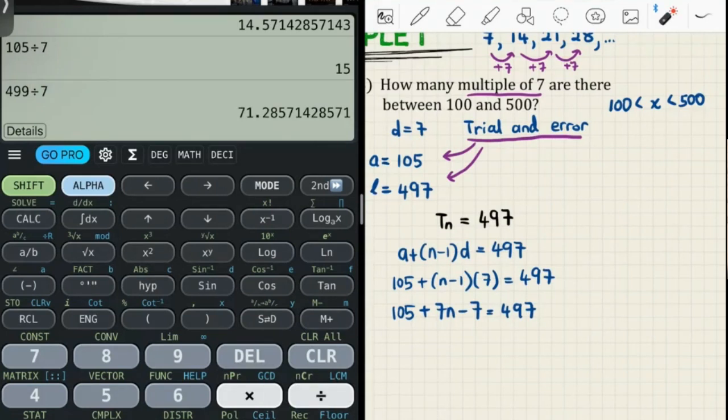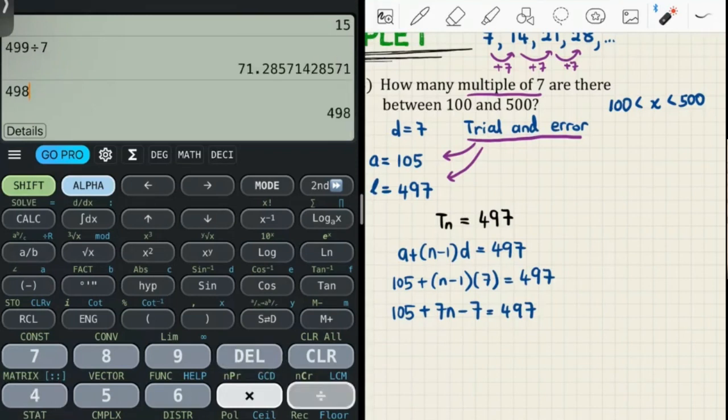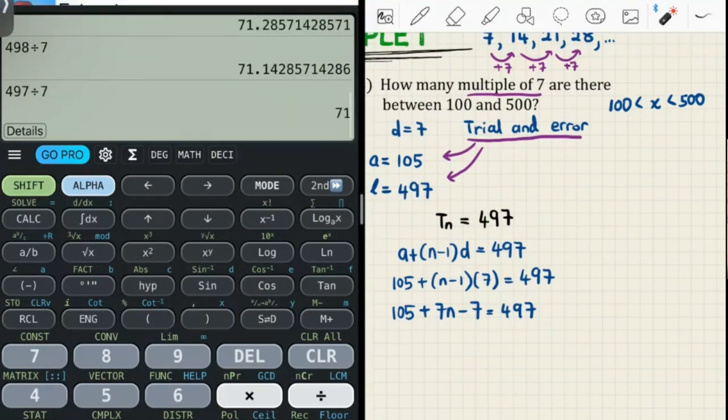So kita takkan pilih. So kita kira 498 bagi 7. So 498 divided by 7, I get 71.14, pun tak boleh juga. So let's try 497 divided by 7. So here I get 71. So 497 will be our last number that is the multiple of 7.